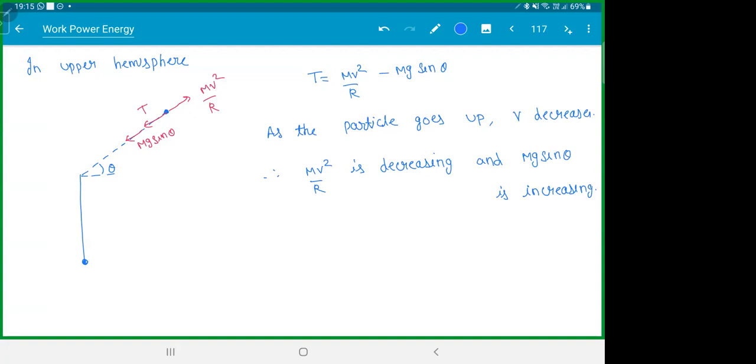So at some point, what will happen? There is a chance the string becomes loose. But if you want to complete the circle, the worst case scenario is at the highest point, where mv square by r is the weakest and mg sine theta is strongest.